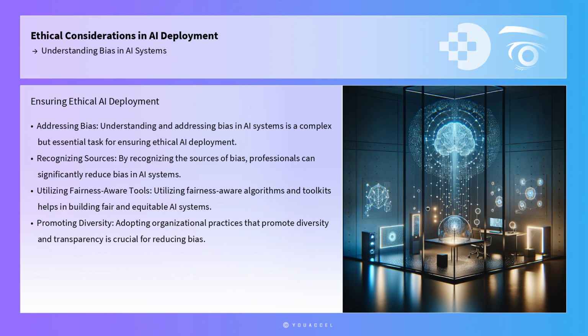As AI continues to permeate various aspects of society, these strategies will be crucial in building fair and equitable AI systems that benefit all individuals. Through ongoing education and collaboration, the AI community can continue to advance its understanding of bias and develop innovative solutions to create a fairer and more just society.